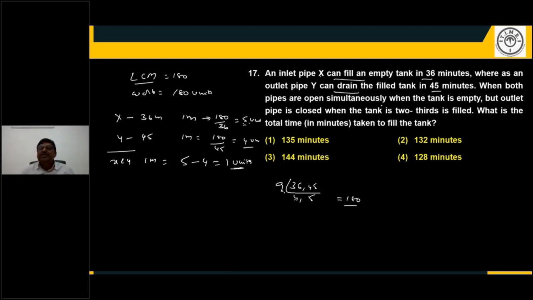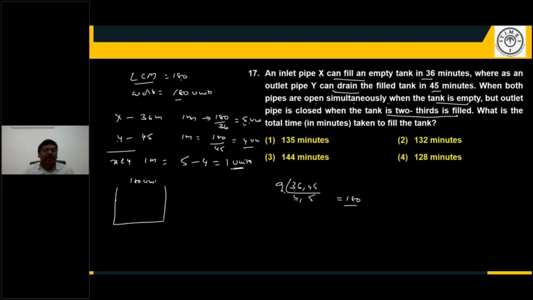But now, both are opened simultaneously when the tank is empty, and the outlet pipe Y is closed when the tank is 2/3 filled. Students, the capacity of the tank is 180 units.